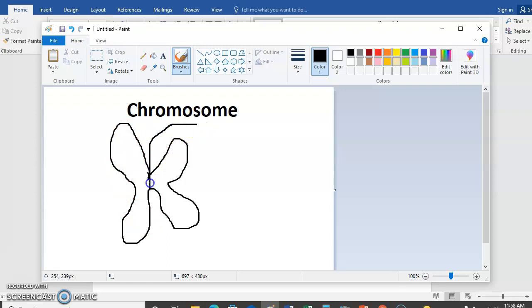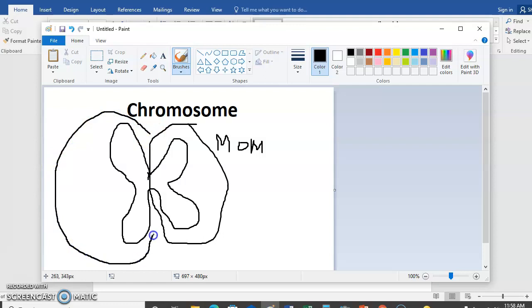And on this side is the side from mom, and then this side right here is the one from dad. So when mom and dad come together, mom gives half of a chromosome, and the other half comes from dad.